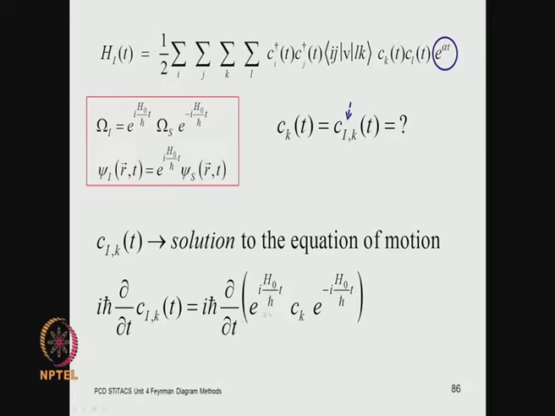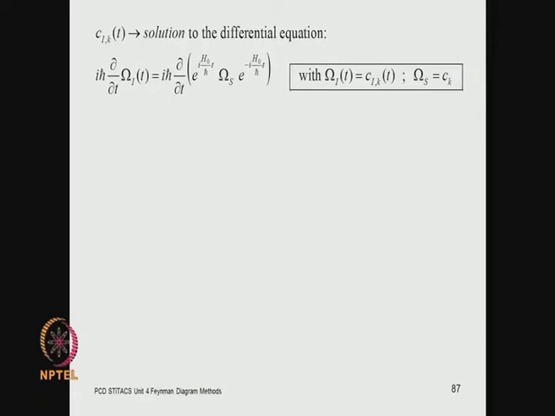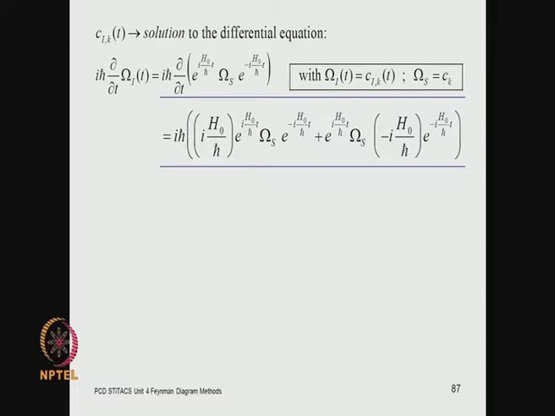So, this is the equation of motion kind of thing. This is the time derivative of C, and its solution will give us the explicit form of C. So, let us work this out.